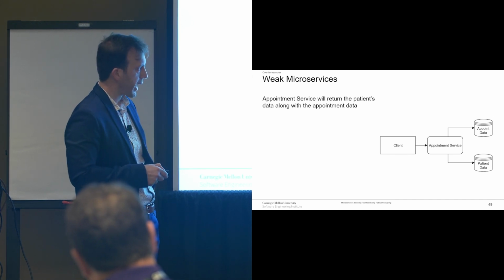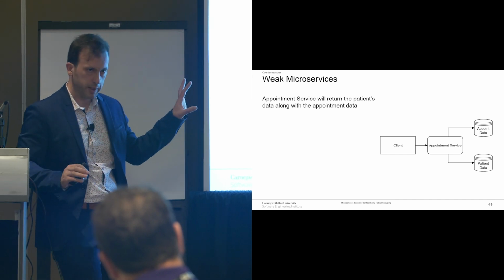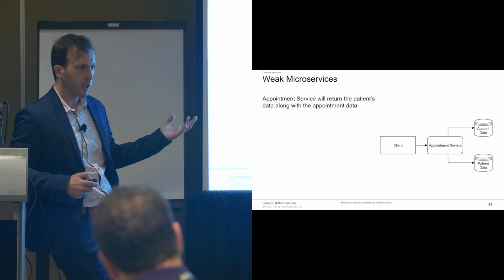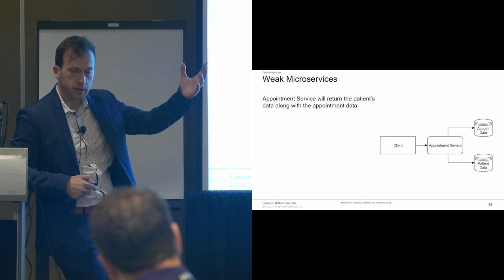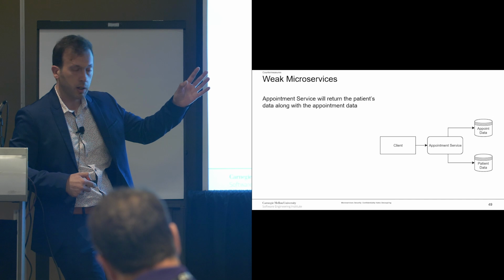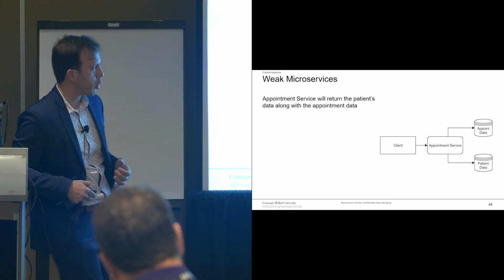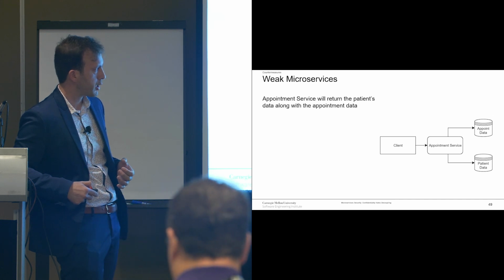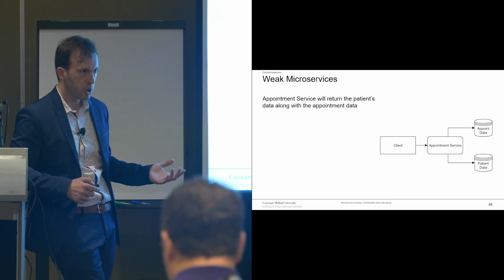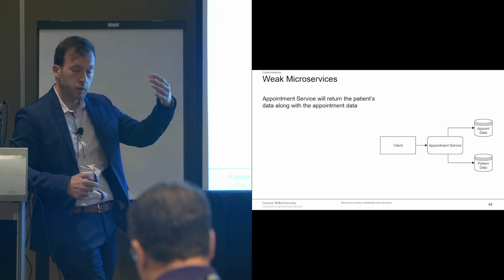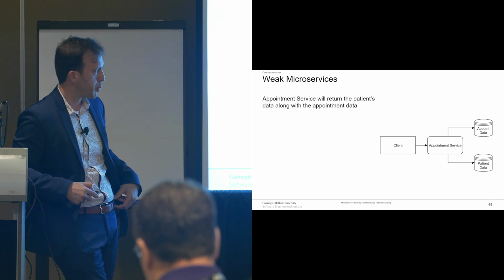So the service cannot access any transaction data except the appointment data, but we can allow it to access the patient master data to prevent the user from accessing the patient master data directly. So in this case, the response from this service will have all the information the client needs, and the client does not need to make another request for the patient master data.